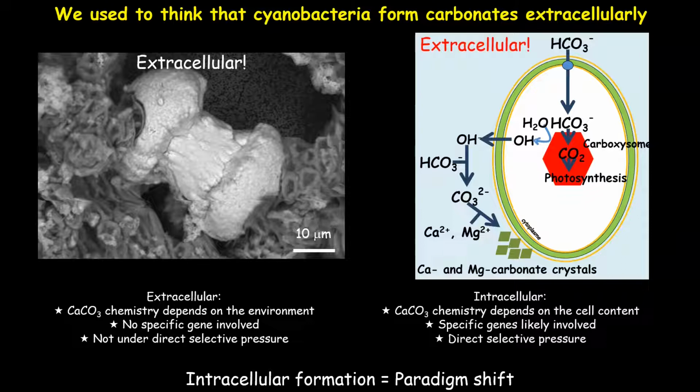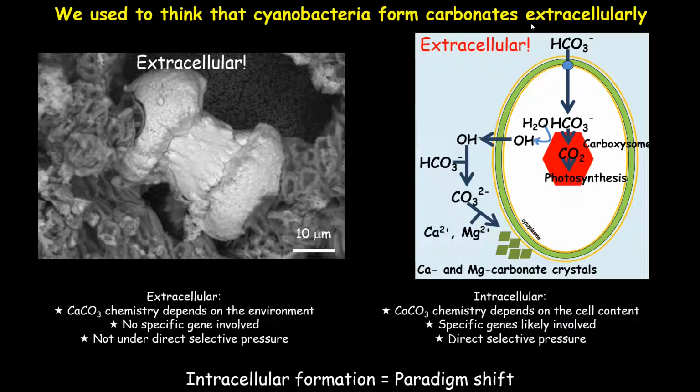Now, with the observation of some cyanobacteria forming intracellular carbonates, we completely changed that idea. The chemical composition of the carbonates they form depends on the chemical composition inside the cells, which of course is quite different from outside of the cells. And I'll show you some examples.